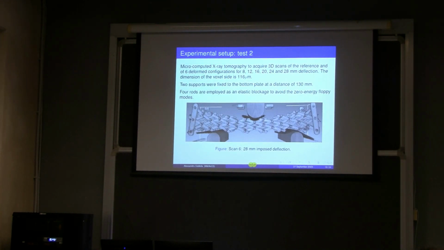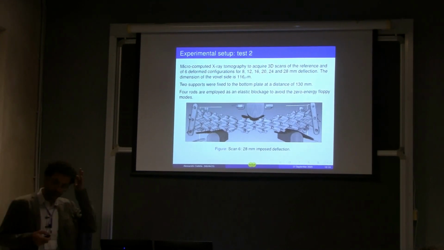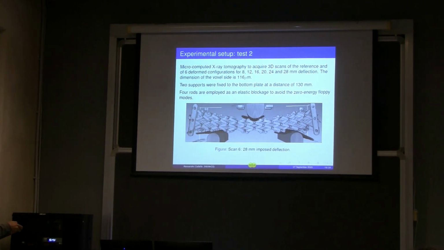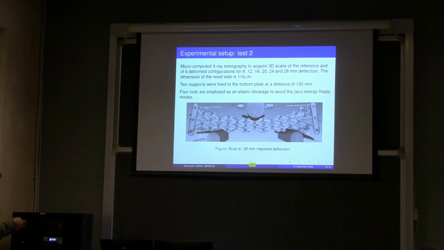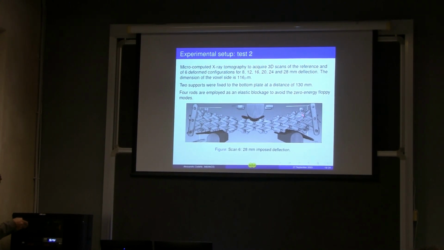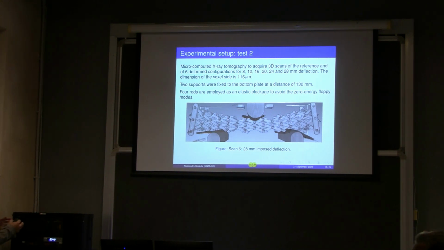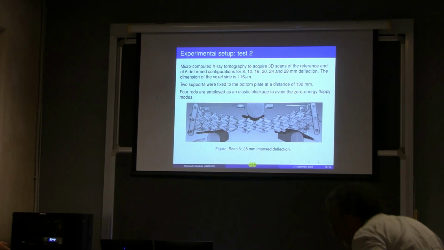So to allow the specimen to be tested in 3-point bending, we made use of these constraints that are 4 elastic bars that are locking the beam ends at the 2 ends of the specimen.